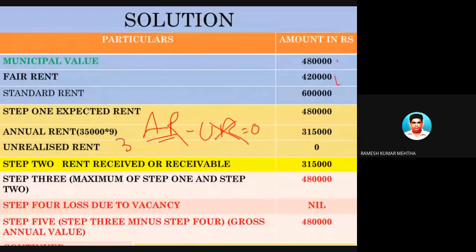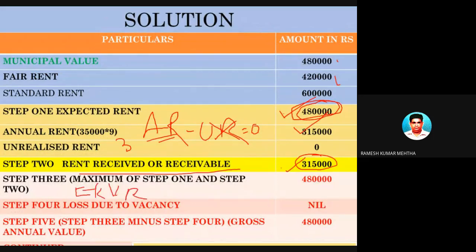So step 1 answer and step 2 answer are there. Unrealized rent is zero. Step 1, expected rent, is 4,80,000 rupees. Step 2, rent received or receivable, is 3,15,000 rupees. Step 3 is expected rent versus actual rent received or receivable, whichever is highest. So 4,80,000 versus 3,15,000, whichever is highest, is 4,80,000 rupees.